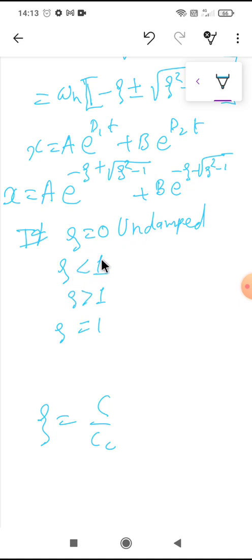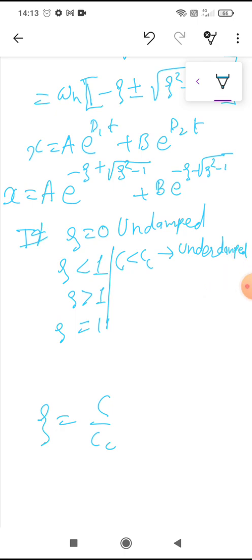Now if zeta is less than 1, what does it mean? C by Cc is less than 1, which means C is less than Cc. So the system is underdamped.